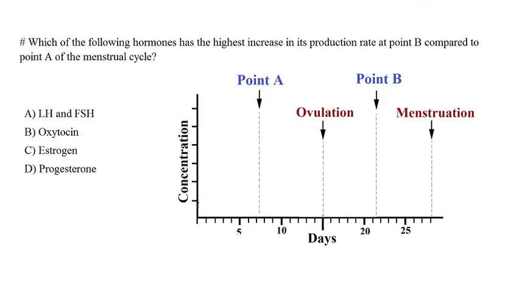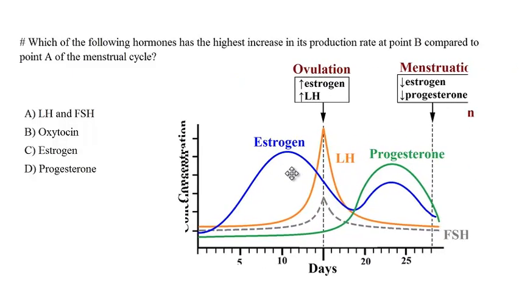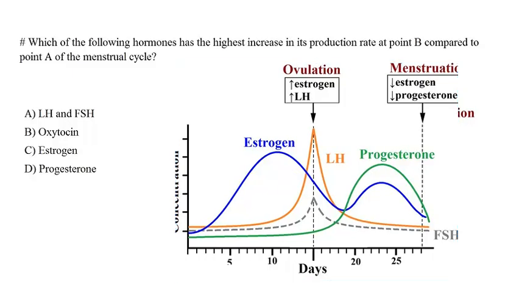Next question is, which of the following has the highest increase in production rate of hormone at point B compared to point A? And again, this is a high yield graph that you should memorize.